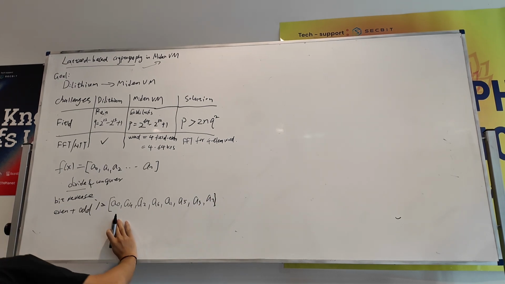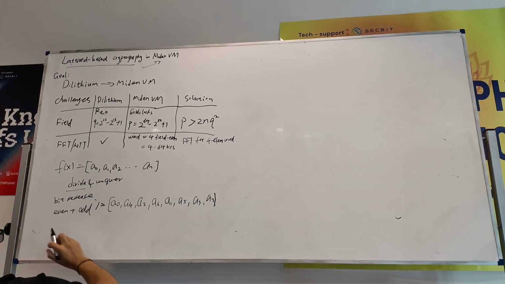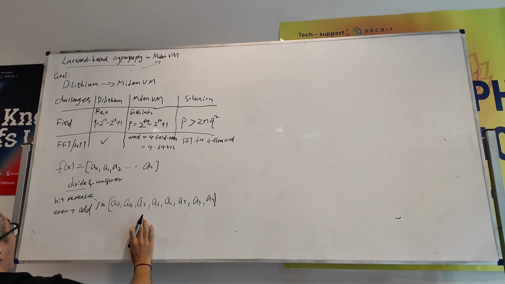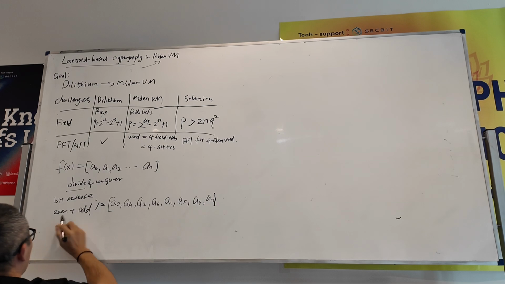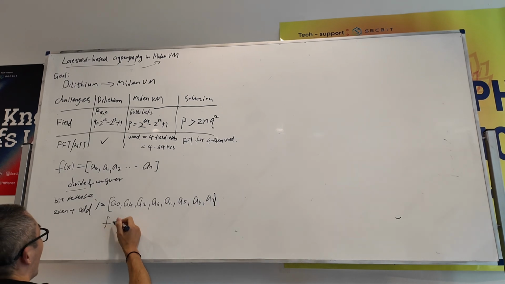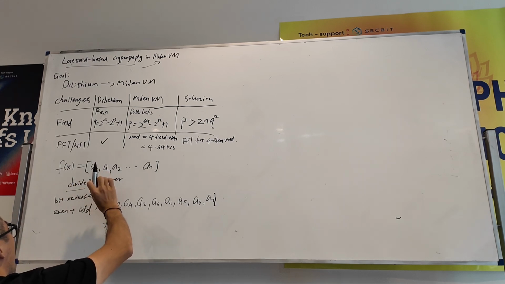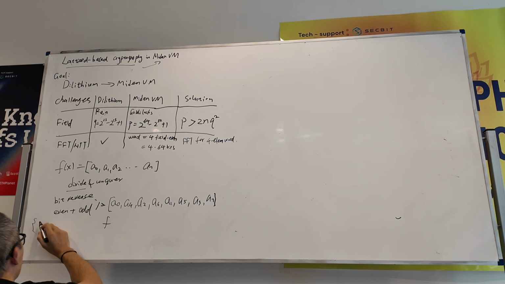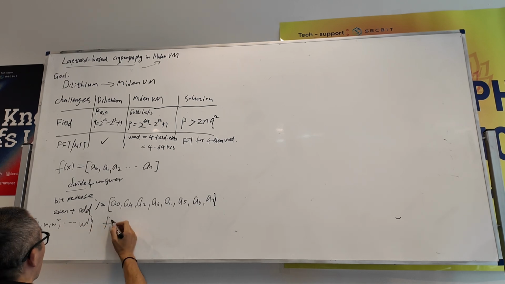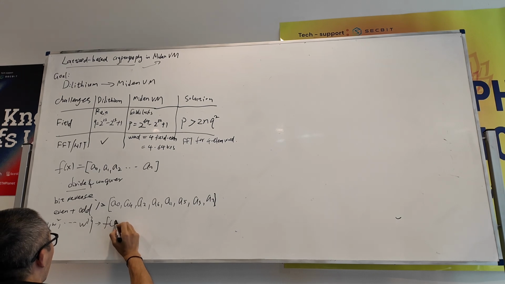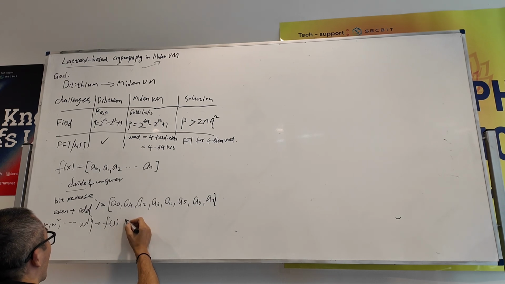After we divide, we do the conquer part. We combine them together. Our final goal is to evaluate all the evaluations over this subgroup: 1, omega, omega squared, up to omega to the 7. So here we want to evaluate all these 8 values.